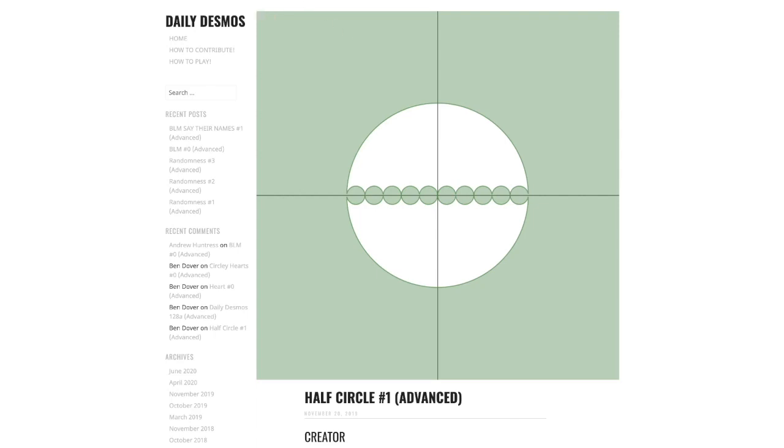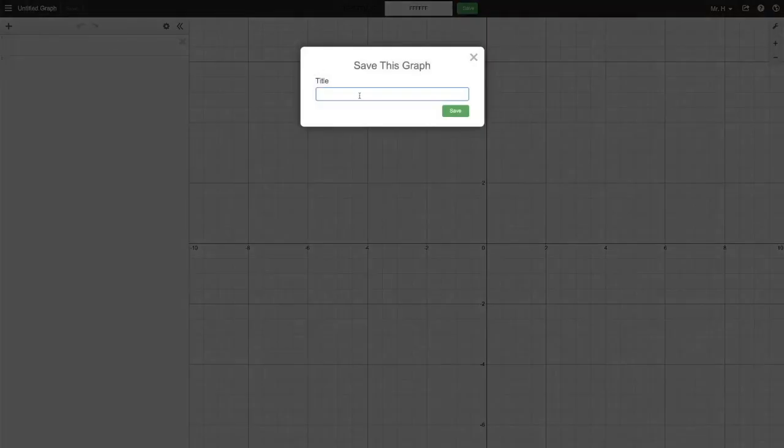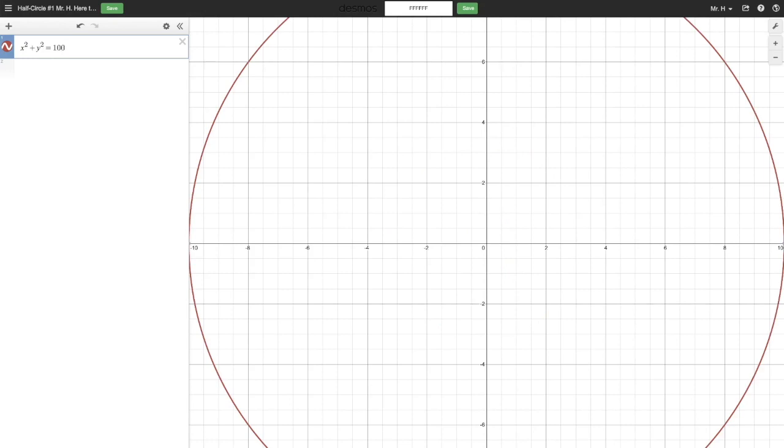So here we go. This is half circle number 1. So let's name this. All right, let's get started with a circle equation, just like we've done many times before. And this time, because I had 10 little circles on the inside there, I'm going to make this quite large. I'll go x squared plus y squared equals 100. That makes the radius 10.